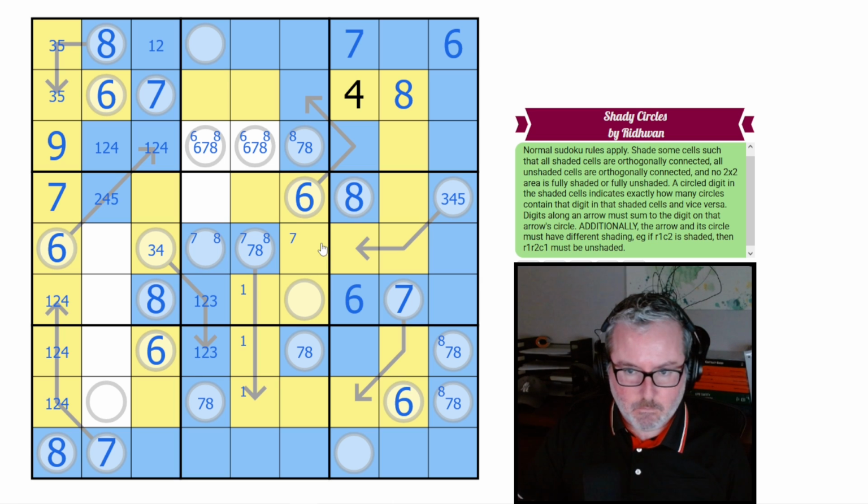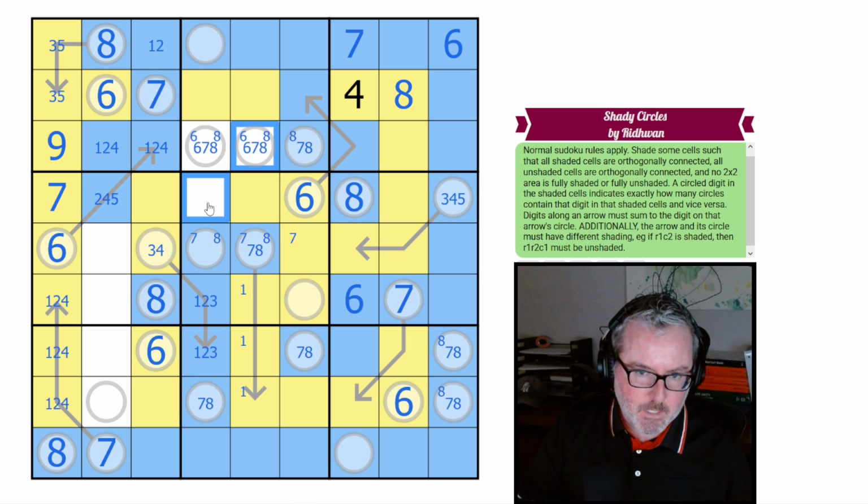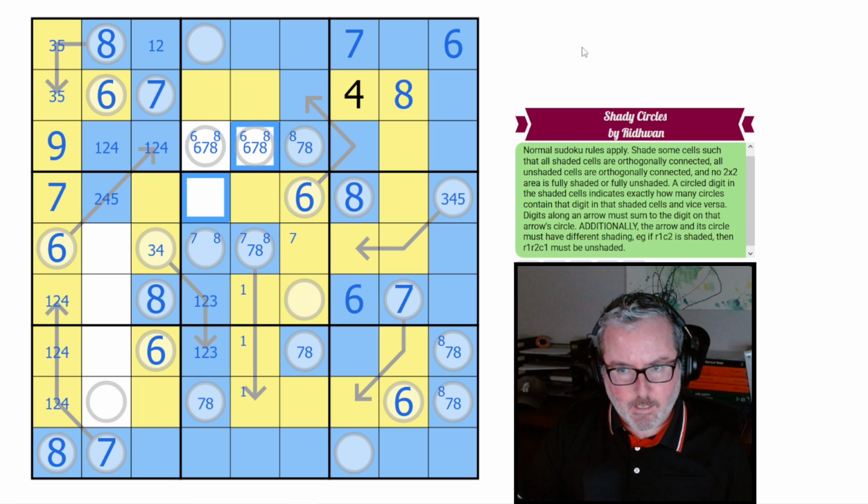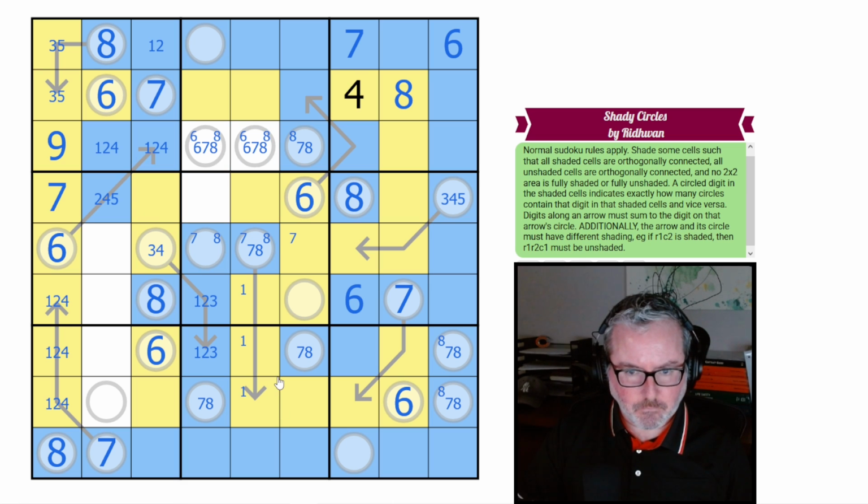And what more can we now do? We know one of these is yellow. It could be either, I think, looking at how that plays out. Now, okay, we can go back here.